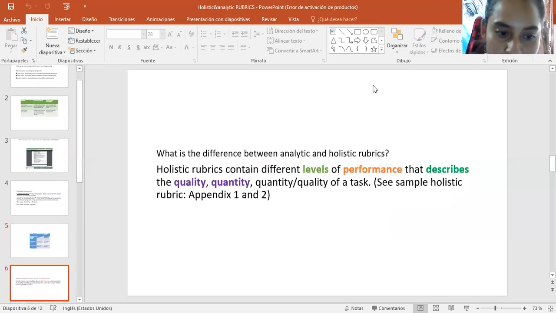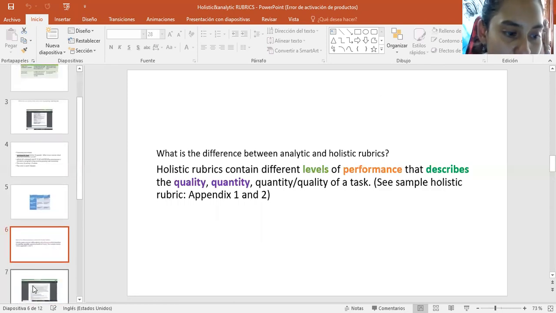The difference between analytic and holistic rubrics is that holistic rubrics contain different levels of performance that describe the quality or quantity in the work.